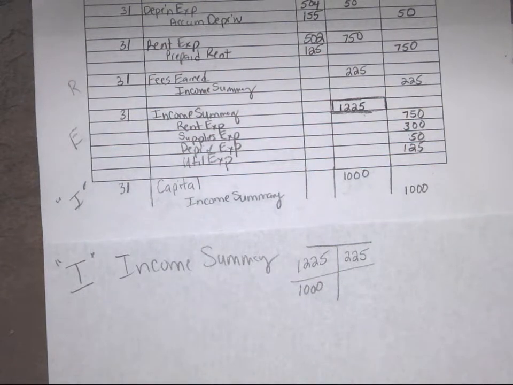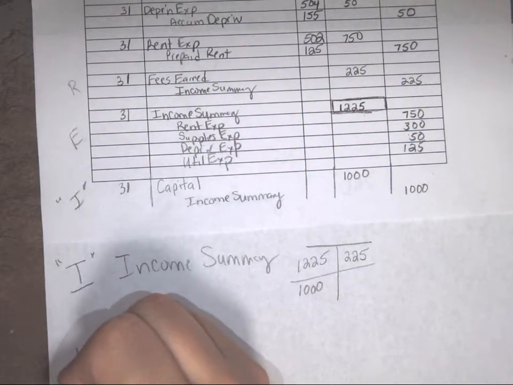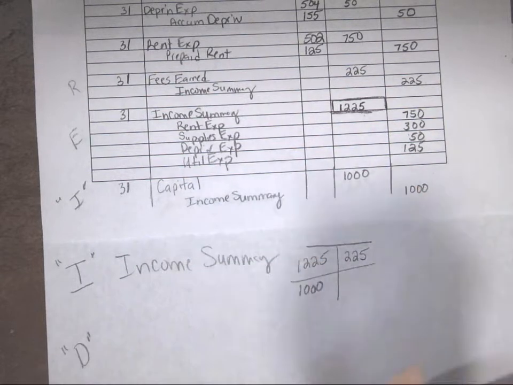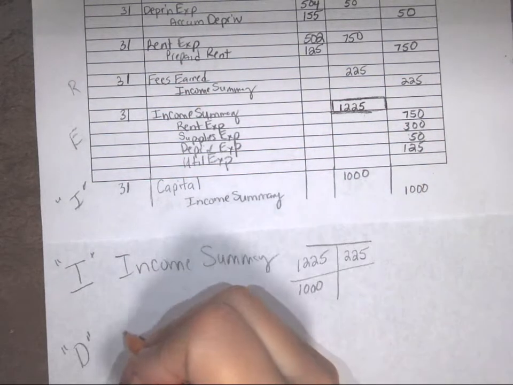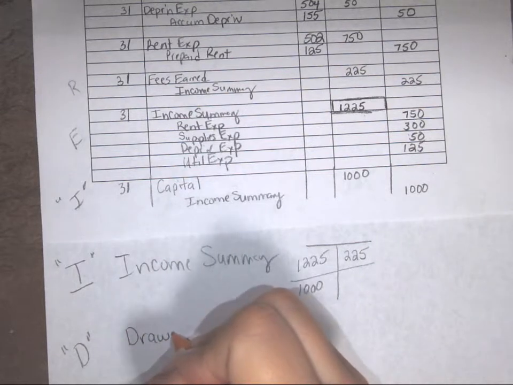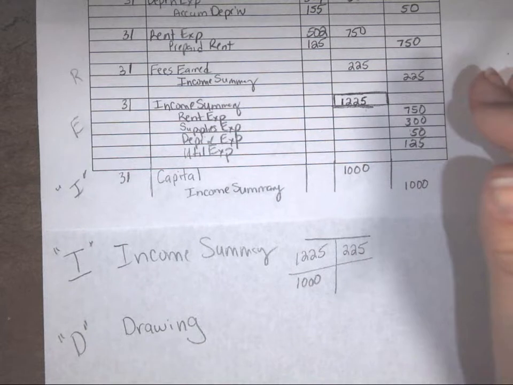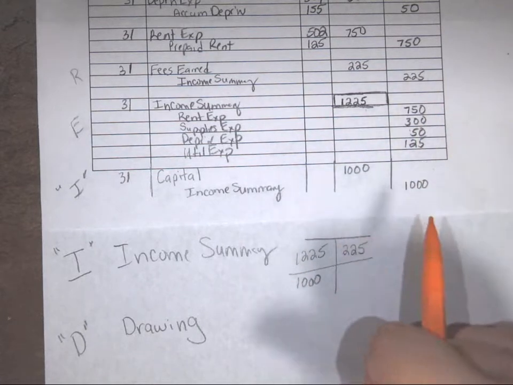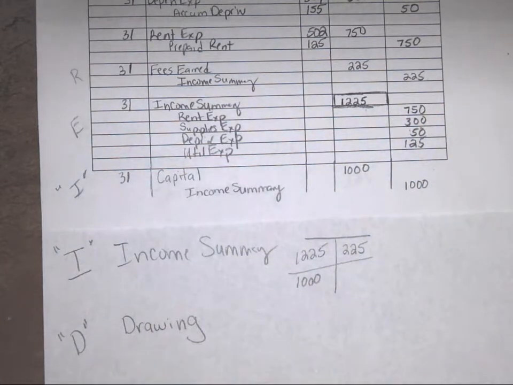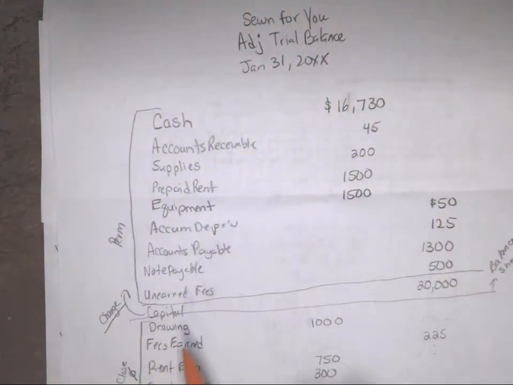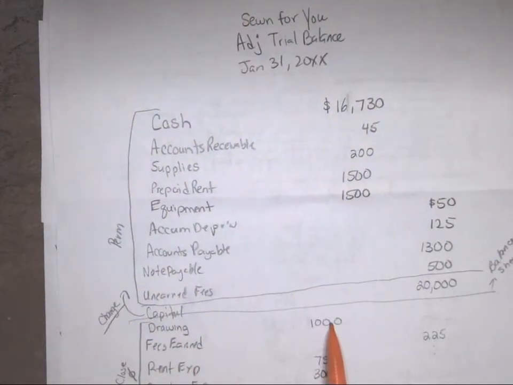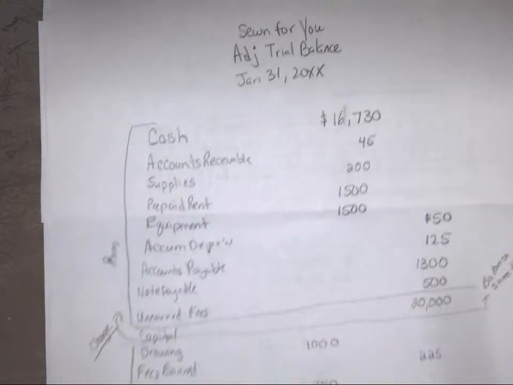Now the last thing that we see is the D. And for the D entry, what we are looking at there is the drawing account. So we would have to go in and look at our adjusted trial balance again. The income summary is the only one that we don't look at the adjusted trial balance for. And what we find is that the drawing account has a $1,000 debit in it.